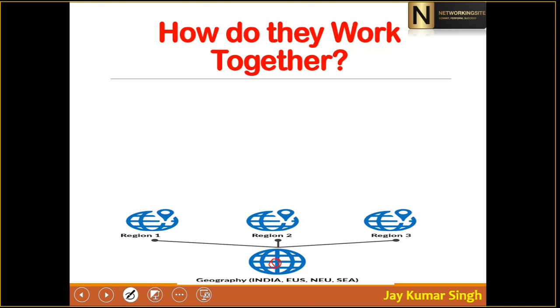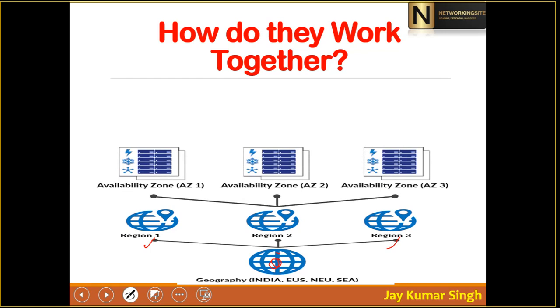Normally when you see India, it's not a single India. You'll find South India, Central India, North India, like that. Normally a single region is divided into a maximum of three separate regions, and those are known as availability zone 1, availability zone 2, and availability zone 3.